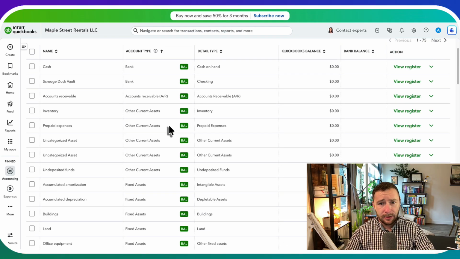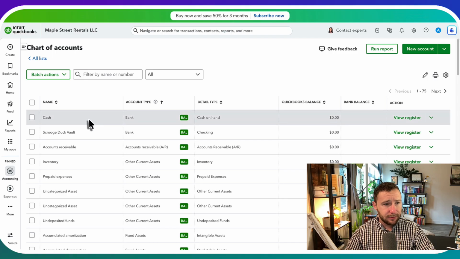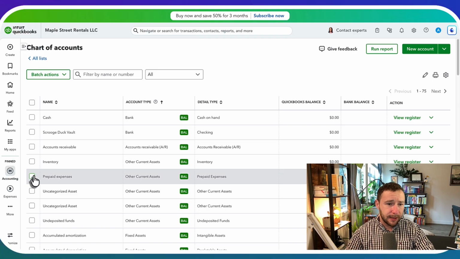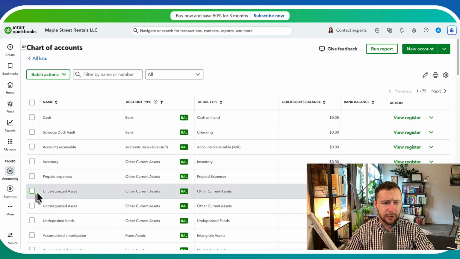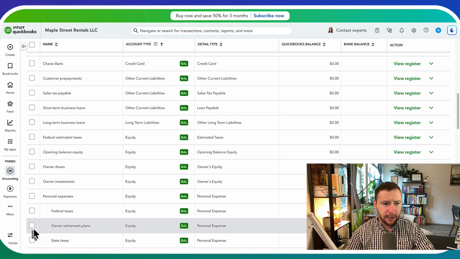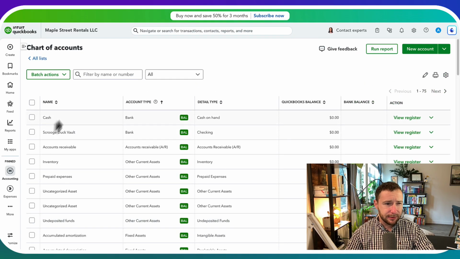So once you're in the chart of accounts, a couple other features we'll go over quickly before we move on. If you want to change a handful of accounts at a time, let's say you want to get rid of a bunch of the chart of accounts and replace it with something else you're going to upload, you'll select all the accounts and then hit batch actions, and you can make them all inactive.